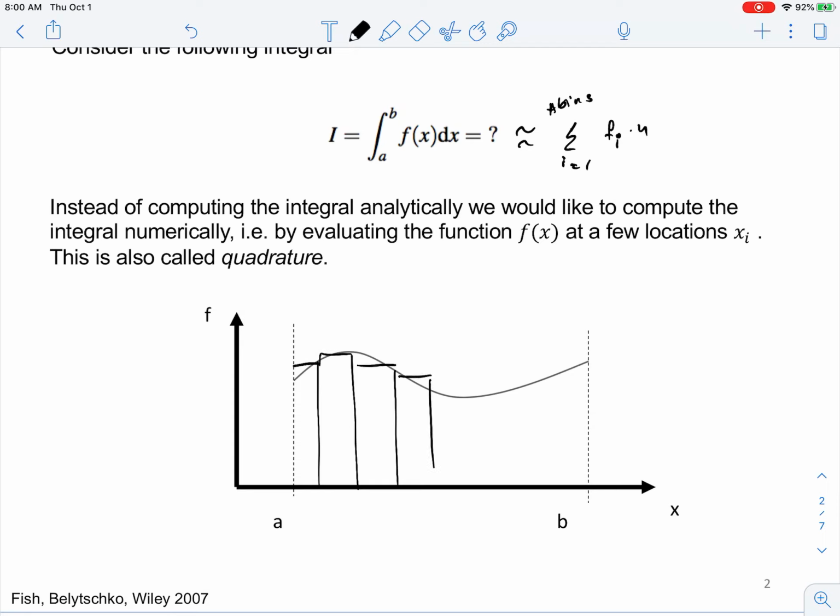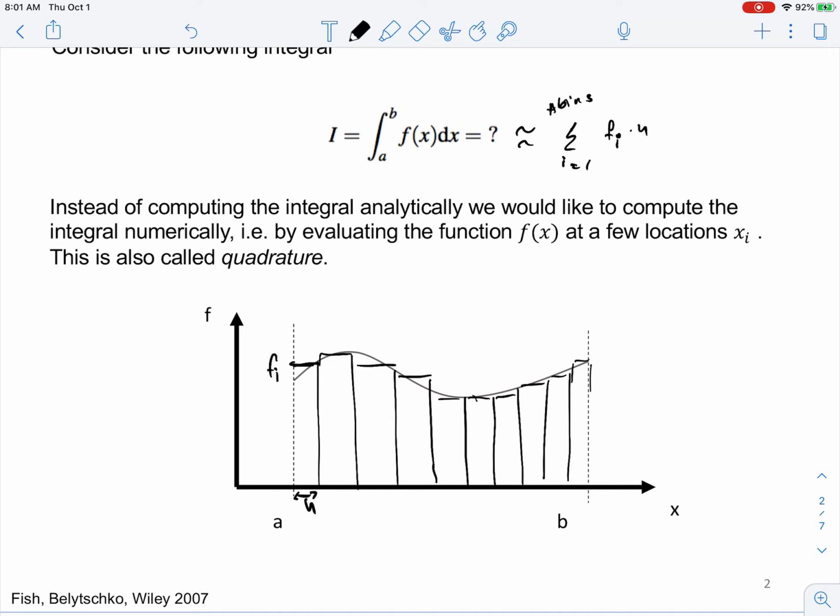So if you divide this into different bins, right? And you can always approximate the integral by, this is like the opposite of the way you get to the definition of the integral, right?